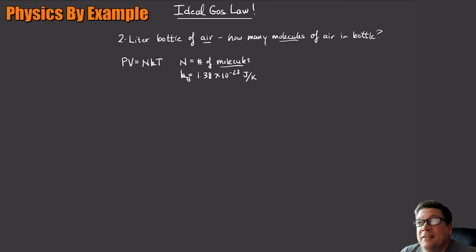Which means that T better be in kelvins, right? So far we've been getting away with a lot of things in Celsius, but now we're going to have to use kelvins.